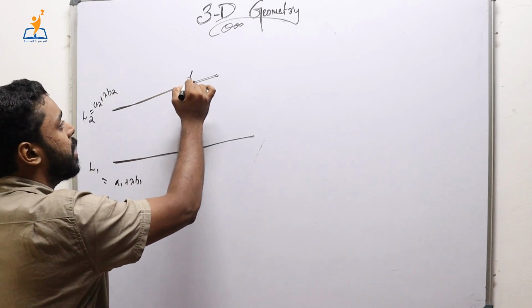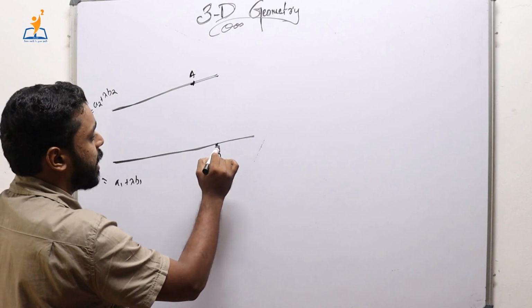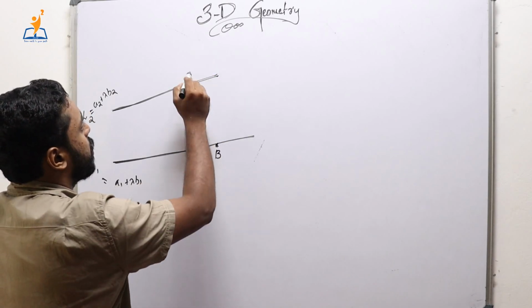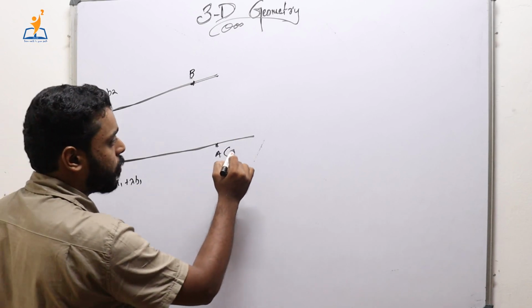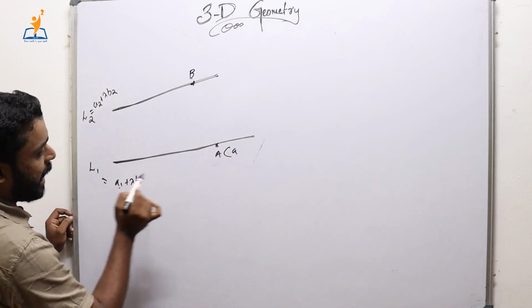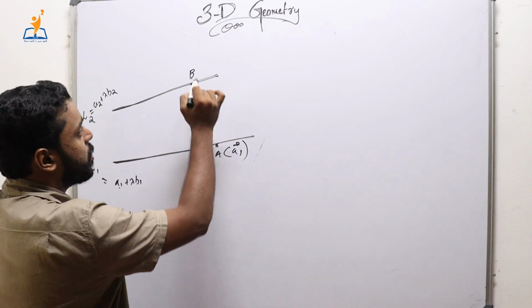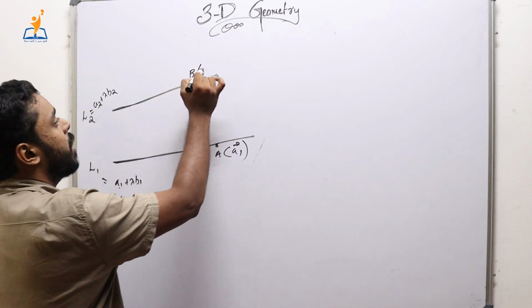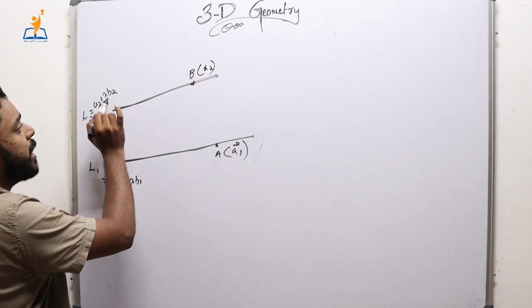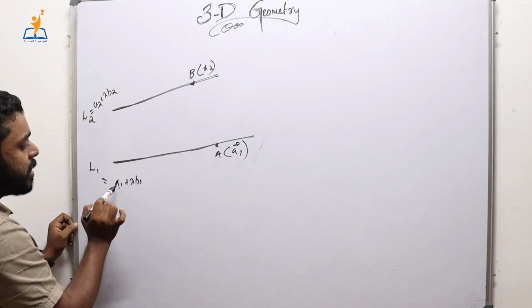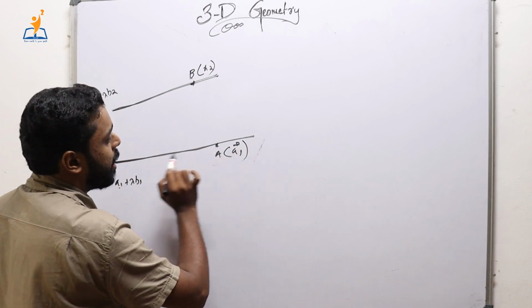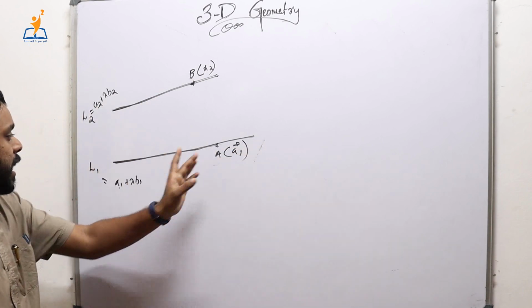We can name the points A and B like this, and the position vector of the point A is nothing but A1, and the position vector of the point B is nothing but A2. Also B2 is the vector which is parallel to L2, and B1 is the vector which is parallel to line L1.